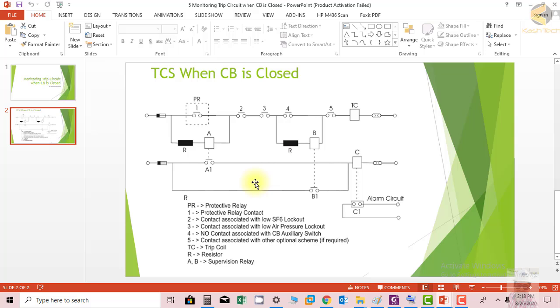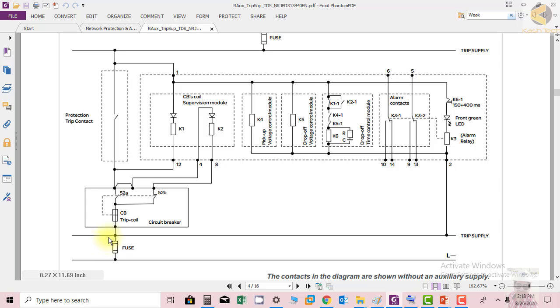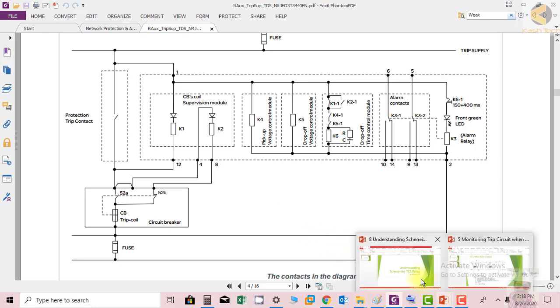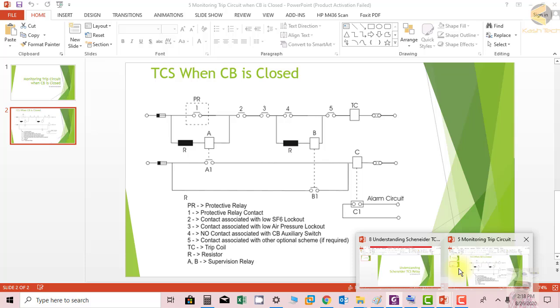Here you can see this is the same way from the tripping coil, it is coming, return negative is coming to the coil B. So we can see this is the tripping coil from 52B, it is coming to coil B, K2. It is the same drawing, you just have to understand it well.